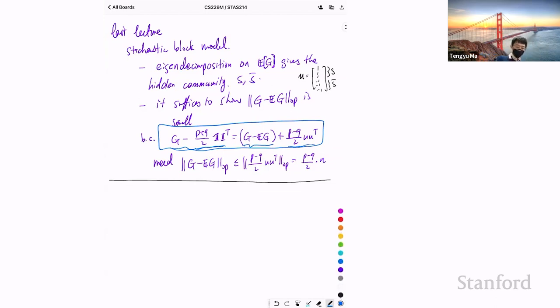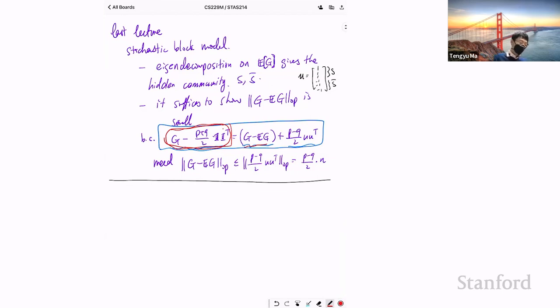If you take the top eigenvector of the left-hand side of this equation, then you are expected to find something close to U, as long as G minus expectation G is something small.